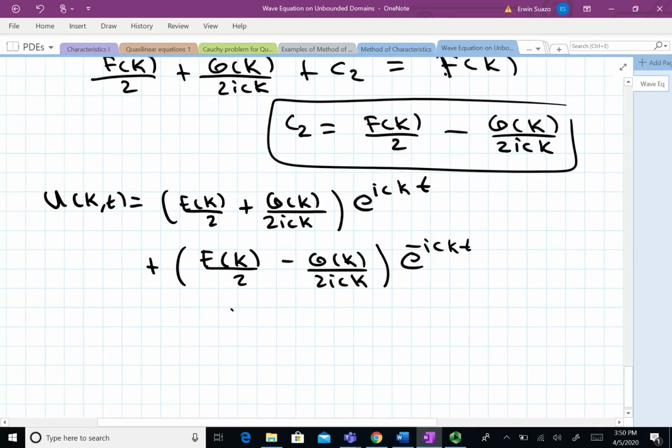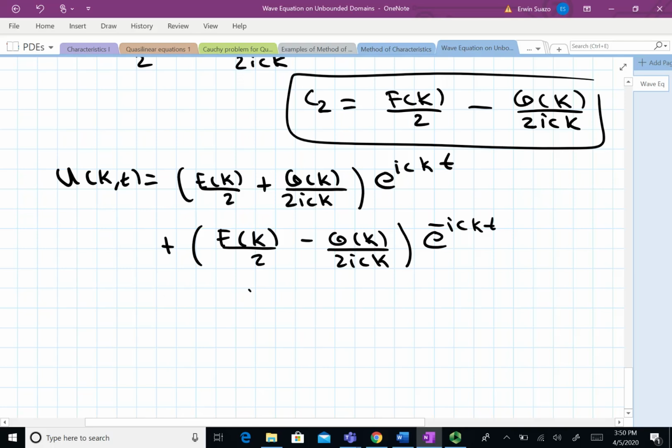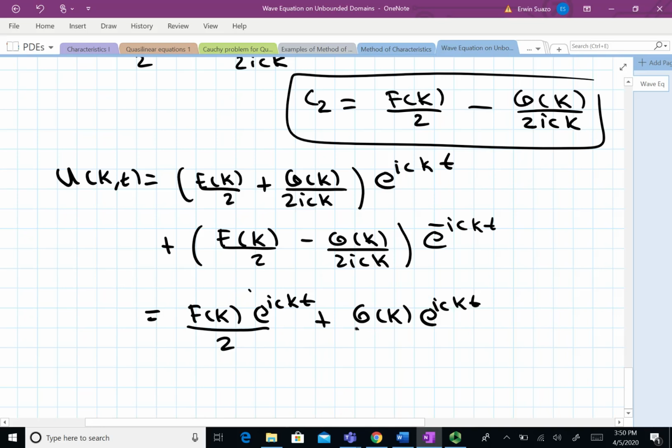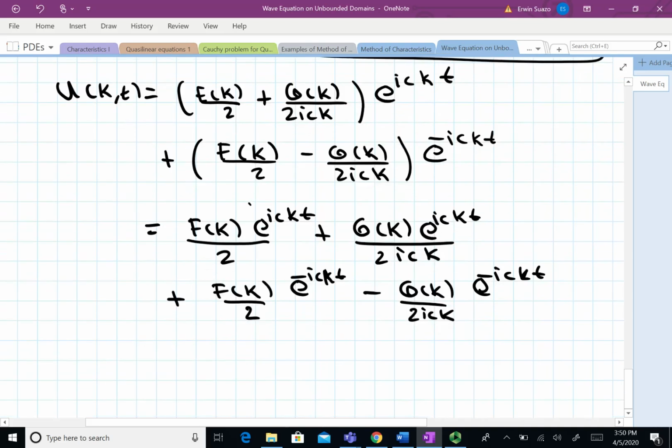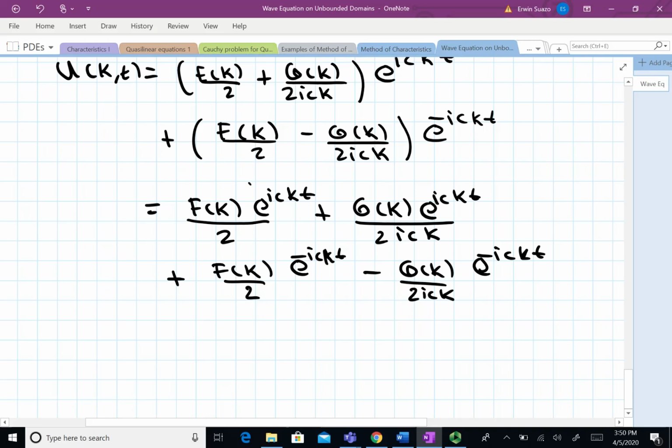So right now I have this guy, and I'm going to rewrite it: f(k) e^(ickt) over 2 plus g(k) e^(ickt) divided by 2ic, and then plus f(k) divided by 2 e^(-ickt) minus g(k) over 2ic e^(-ickt). Now we put f with f's and g's with g's.